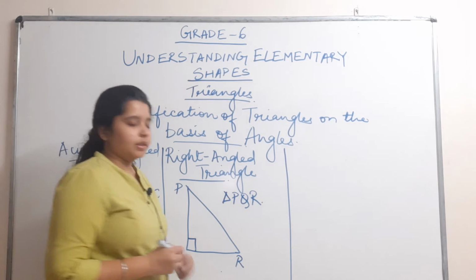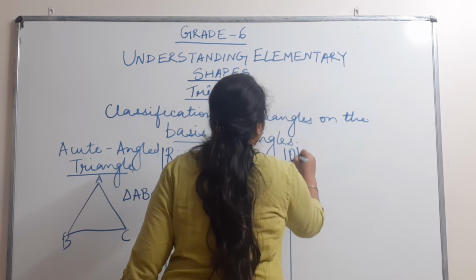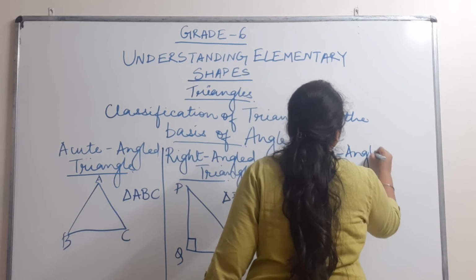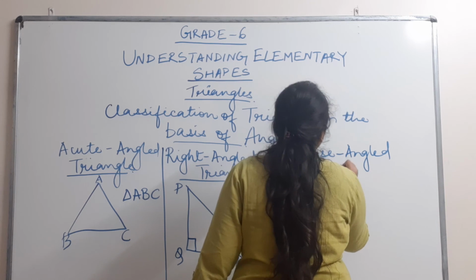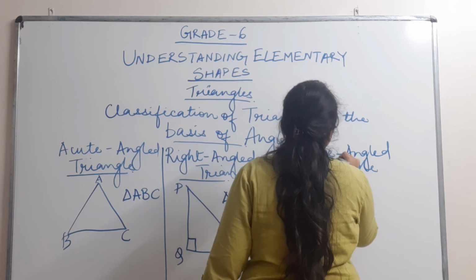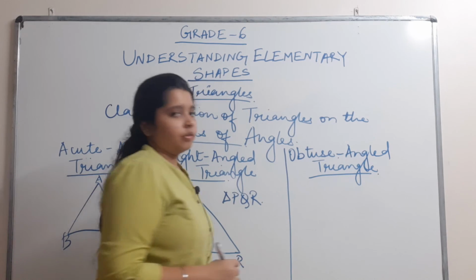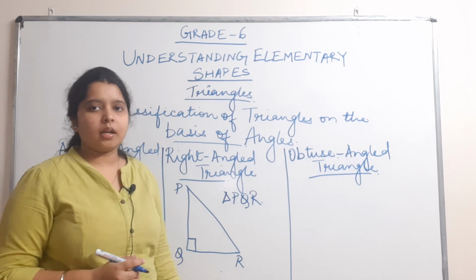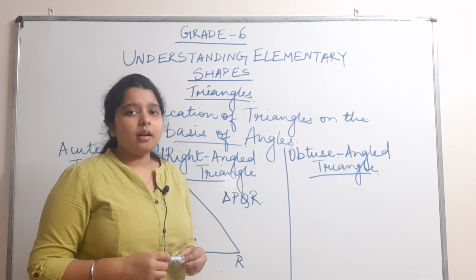The third type is obtuse angle triangle. In this triangle, one of the angles is obtuse angled, which you know what is that?